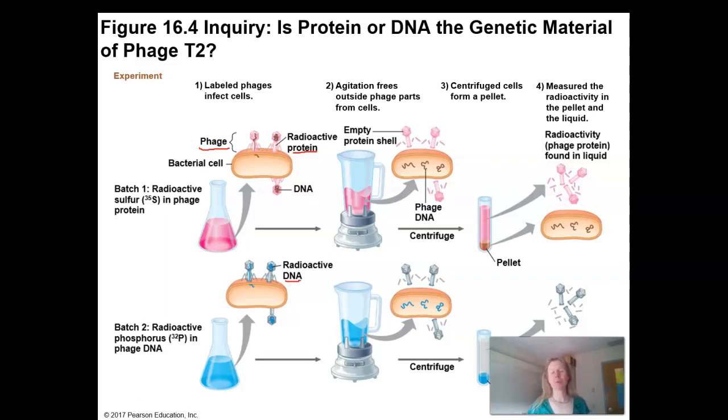The question was, which part of the virus actually ends up inside of the bacterial cell? And sure enough, it was that radioactive DNA. This was one of those experiments that they mentioned in the movie, helping to solidify our understanding that it's actually DNA and not protein that's the genetic material.